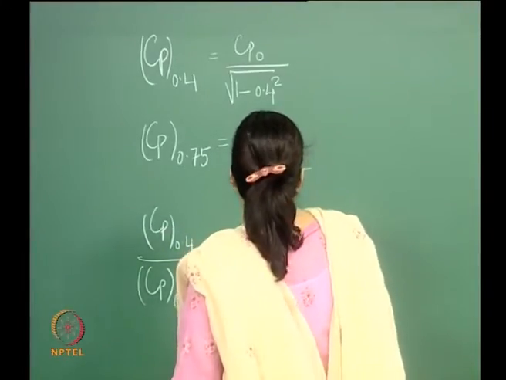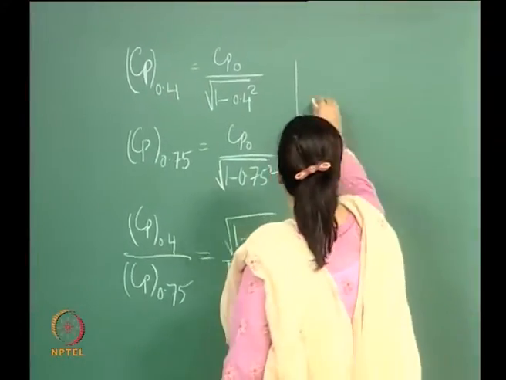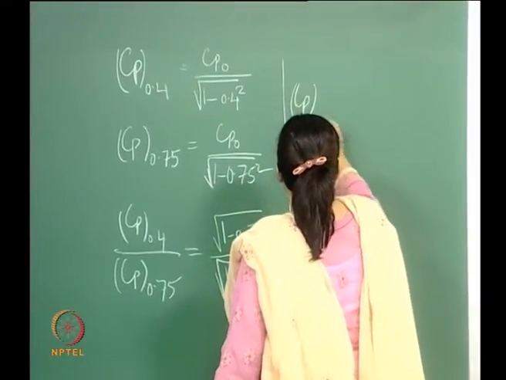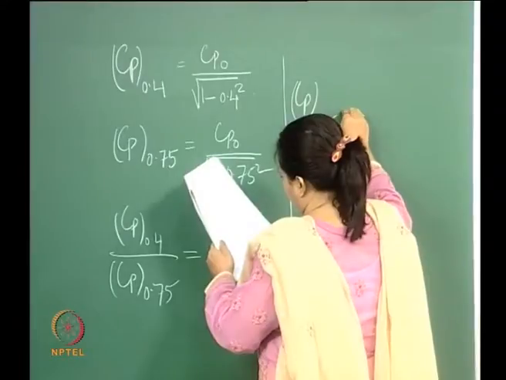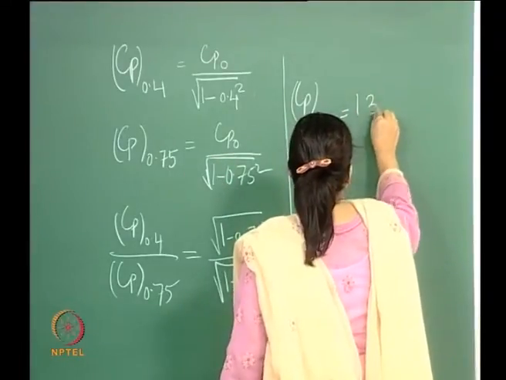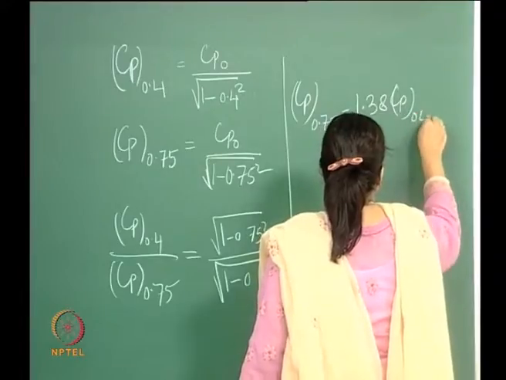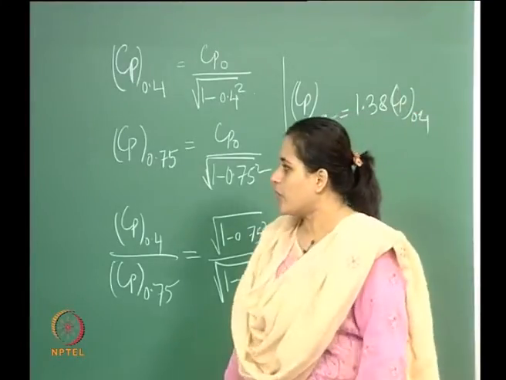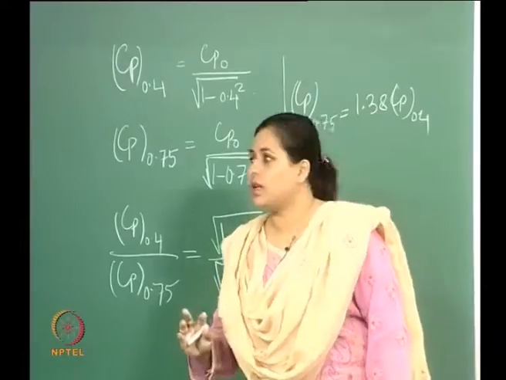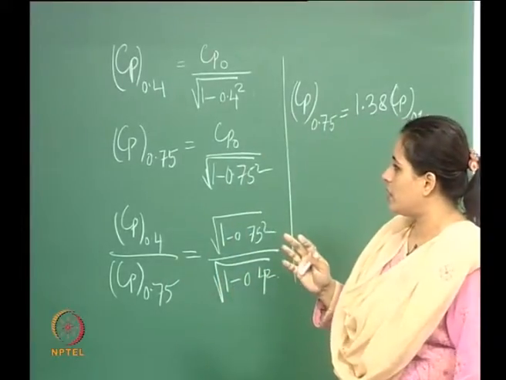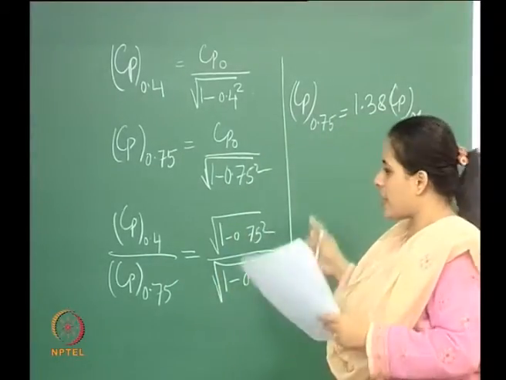So, this is it, or what we can write from here is that Cp at 0.75, so we can basically use the Prandtl-Glauert rule in a manner like this.